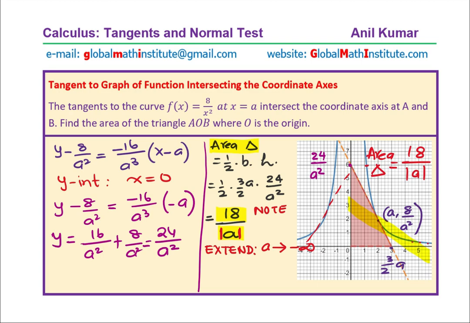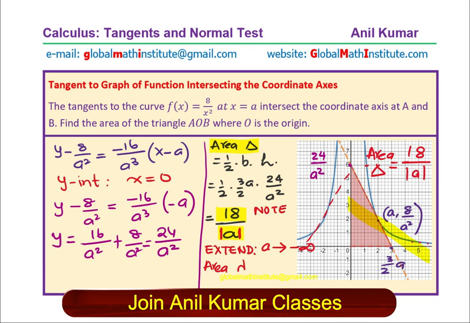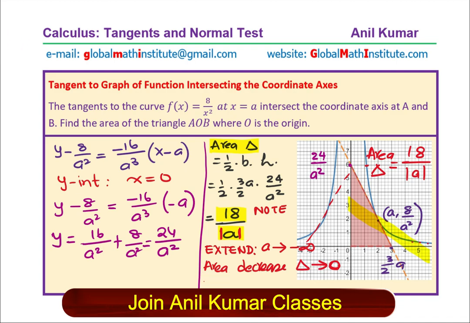Perfect. So we have extended this question as a approaches infinity. What happens? Well, as a approaches infinity, the area is decreasing, you see. The area decreases. We can say that the area of the triangle actually approaches 0, because dividing by a very large number will result in something close to 0, right? So that is another important conclusion in this particular case.